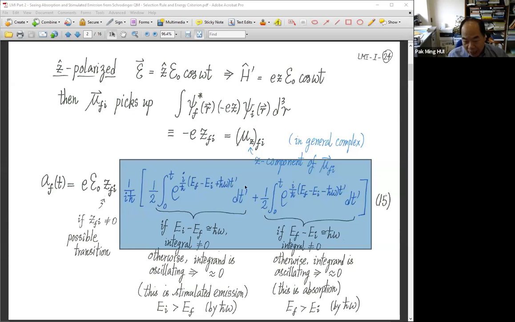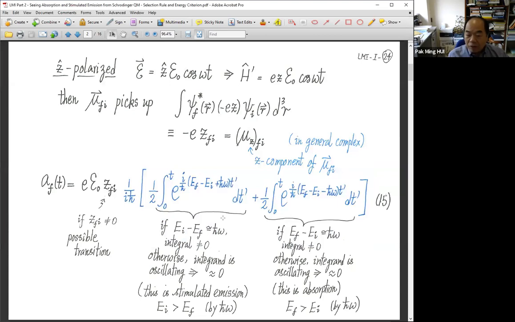Now, let me advertise. For those who can see or sense the mathematics, you have some fluctuating thing up in the phase. Sometimes it is positive, sometimes it's negative.